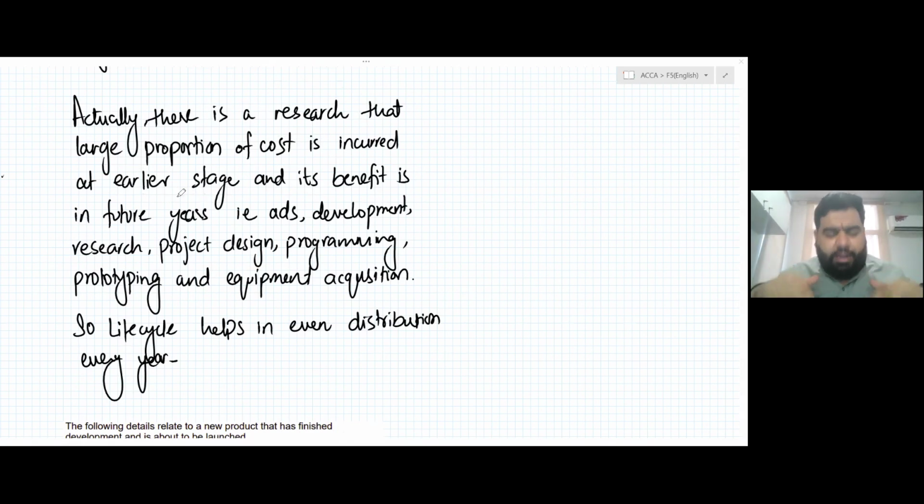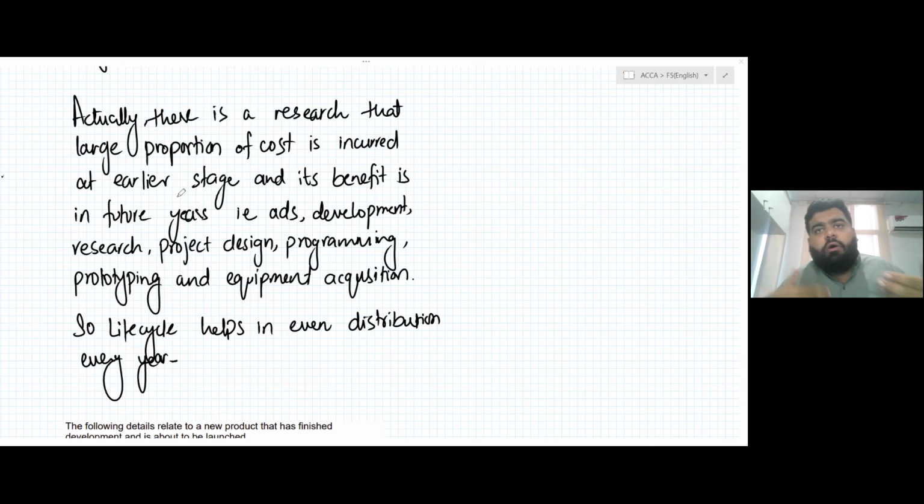At the start of the product's life, your cost will be more. You are incurring development cost, research cost, marketing cost, testing cost, for example market research. So at the start you need a lot of expenses, but your revenue is not that much higher, because you are new to the market.